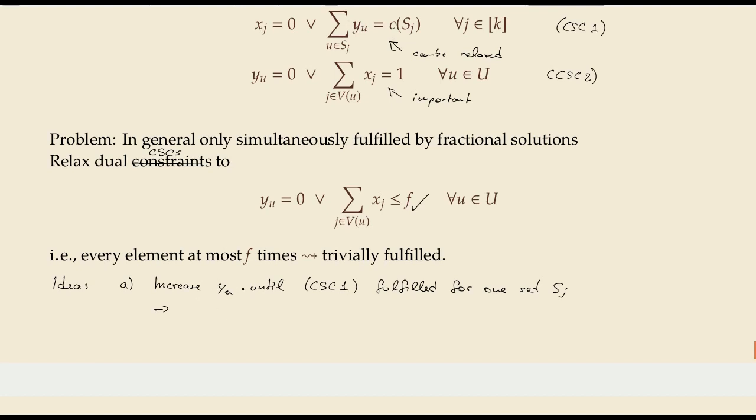So we increase y_u for all sets that we currently have not selected, where currently x_j is 0. And now, since now the right-hand side is fulfilled, we don't have to fulfill the left-hand side. So we set this x_j to 1, which means we pick one of the new sets.